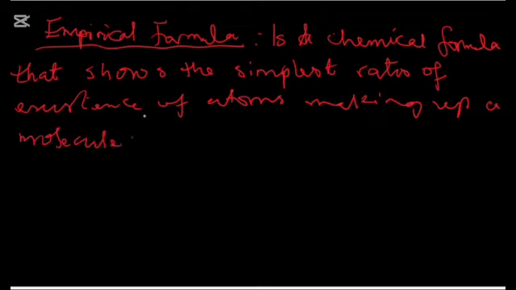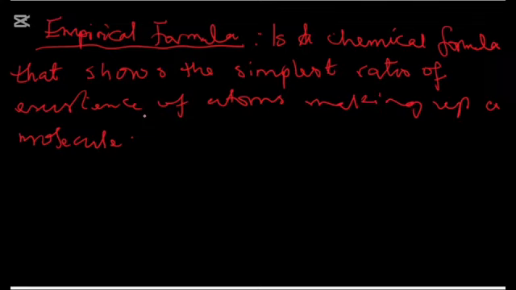For example, if I have benzene, benzene is an organic compound with formula C6H6. So the empirical formula of benzene, showing the simplest ratio, will be C6.